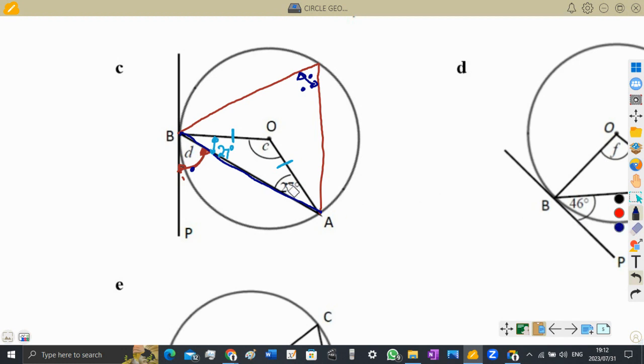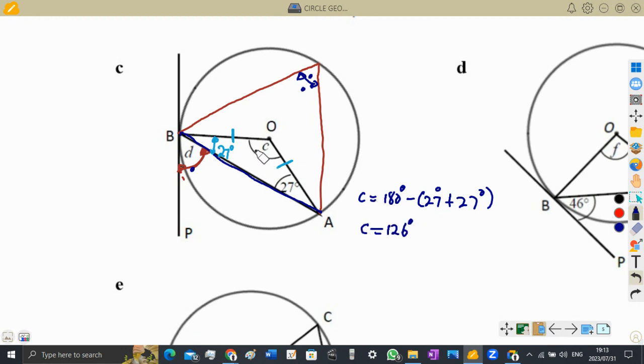To find angle C, we are now saying angles in a triangle. So C is going to be, we add these two angles and subtract from 180. So that's 180 minus 27 plus 27 degrees. So meaning to say we have got our angle C. So that's 180 minus 54, which is going to be 126 degrees.